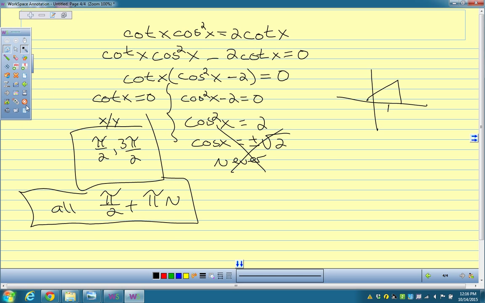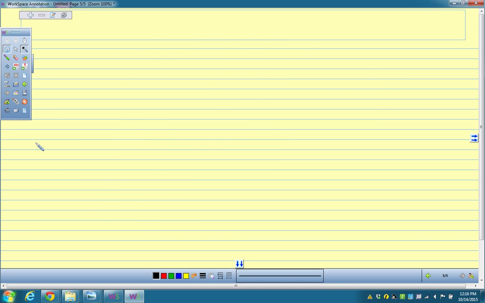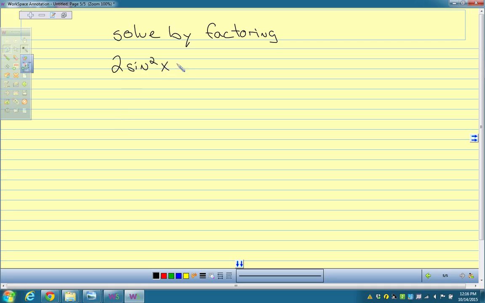That's against the rules. So, next type of problem that you may see is solve by factoring. Solve 2 sine squared of x minus sine of x minus 1 equals 0.